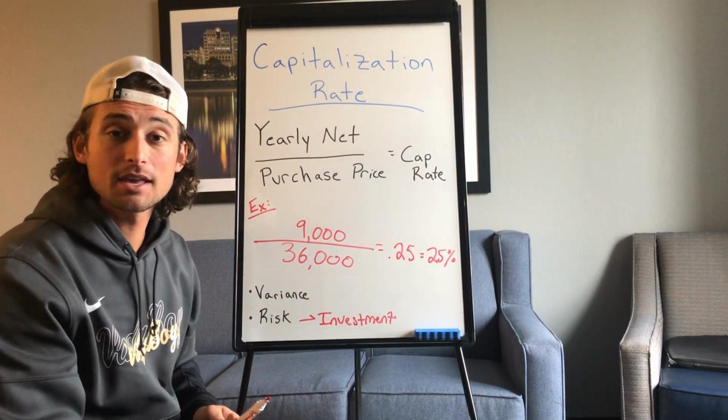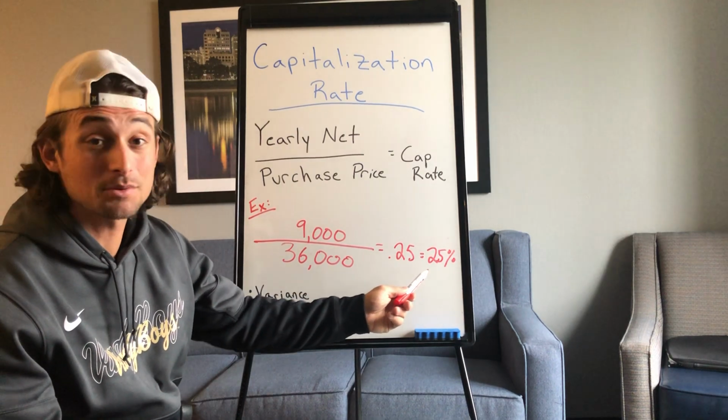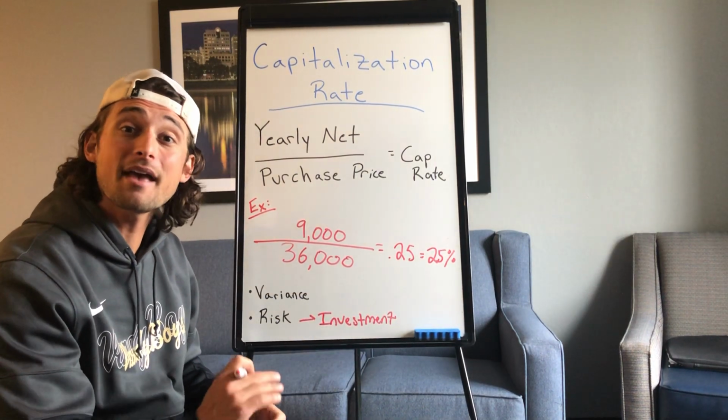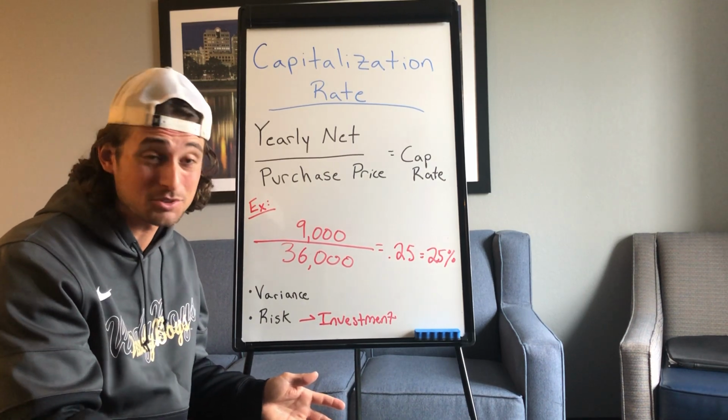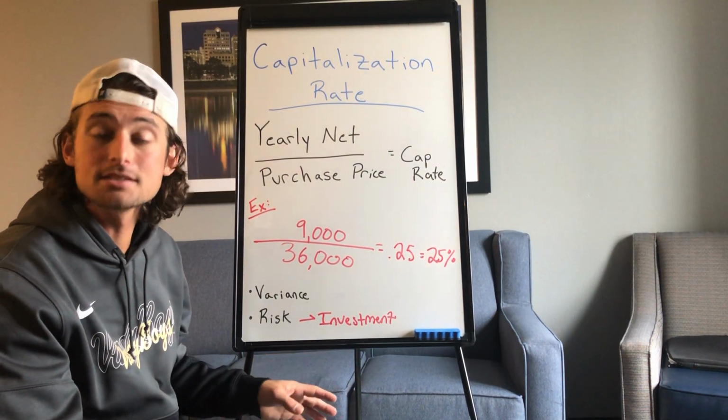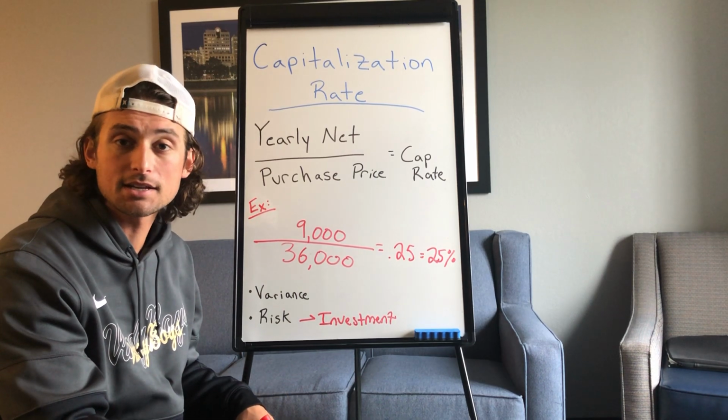When I started in Birmingham, these were the numbers I was getting on everything. I was capping out everything between 15 and 32.5%, which is mind-boggling considering what the market looks like now.